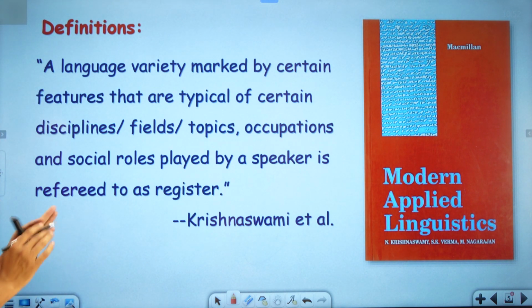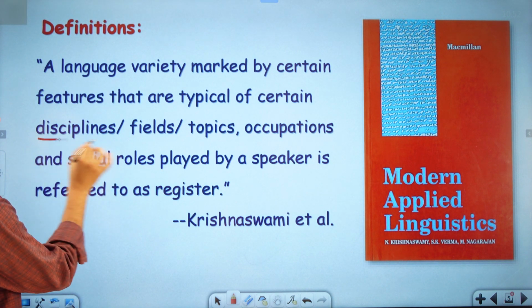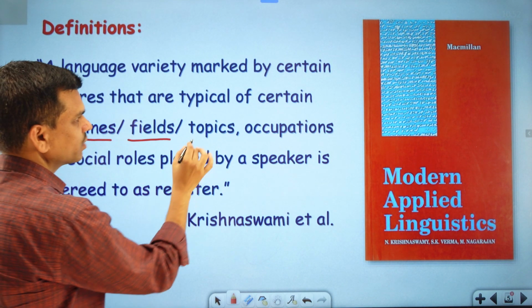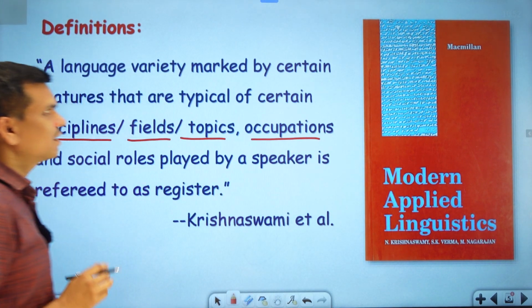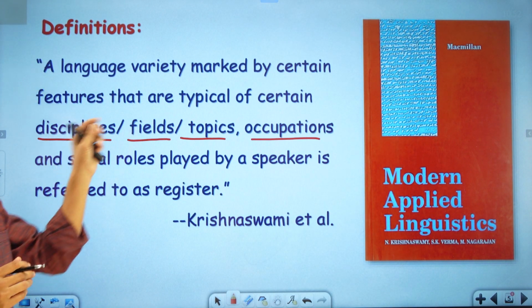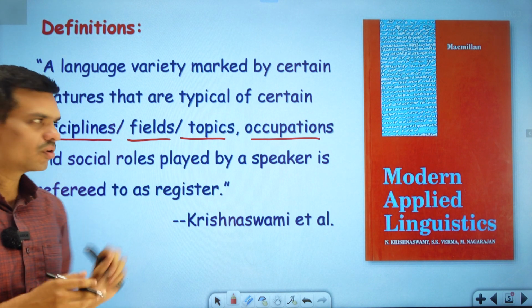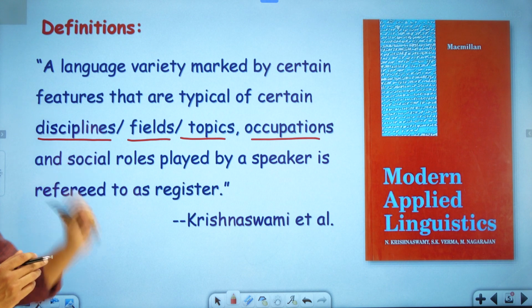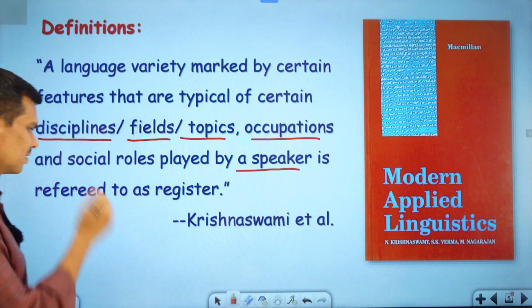Now what is important in this definition? It is directly said that it differs discipline-wise or field-wise, by different topics or occupations, and certain typical features of this language are related to the particular field. So here we find this difference, and it is related to the speaker.